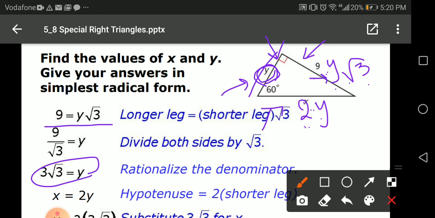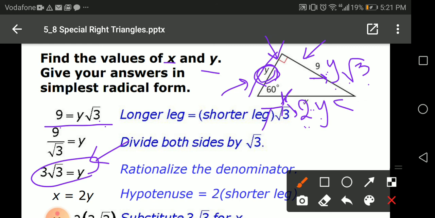Then we solve for y. After solving here, divide both sides by square root of 3 and then rationalize. Then we got here y equal 3 square root 3. After that, I want to know the value of x too. So x here, where is x? Let's search. This one here, it's written x before we write 2y upon it. x equal 2y.